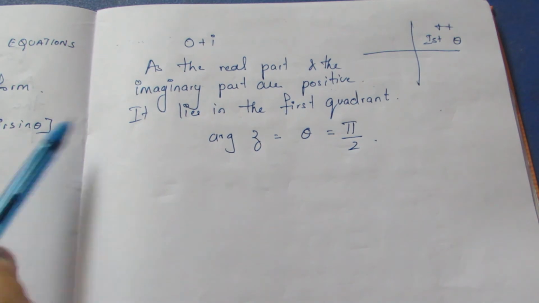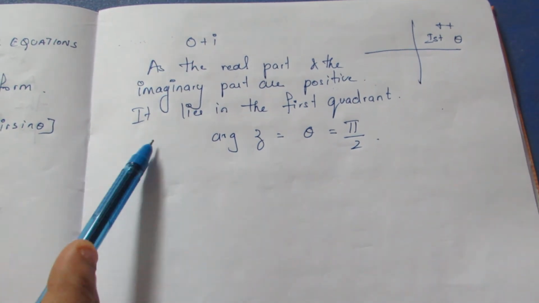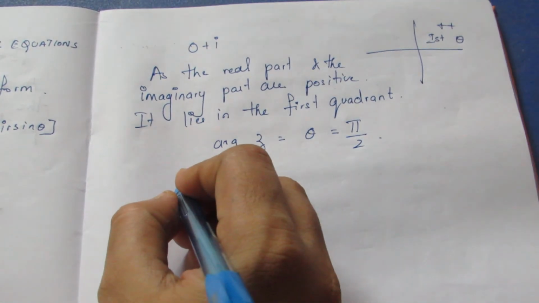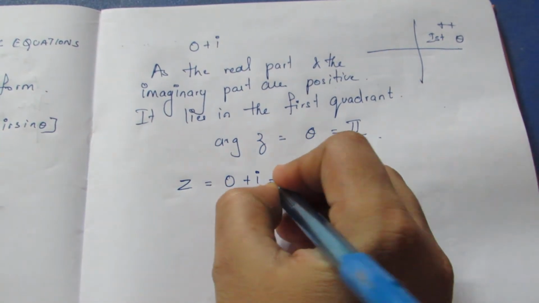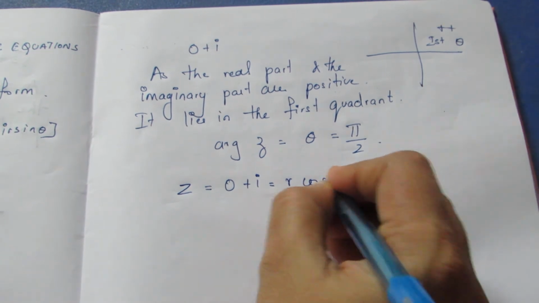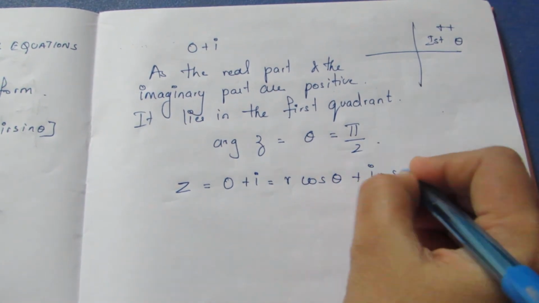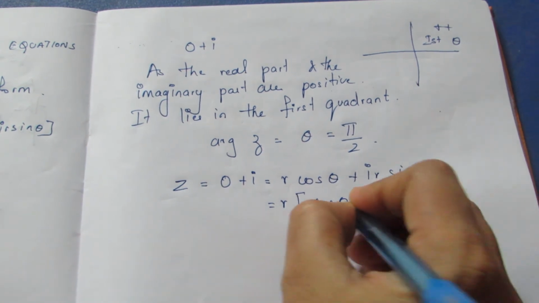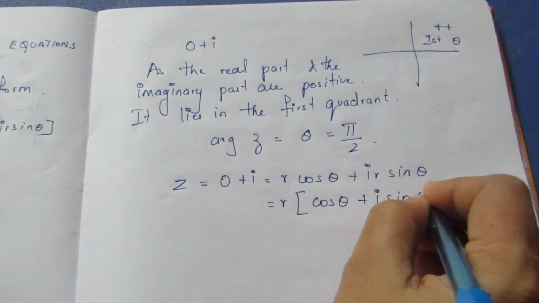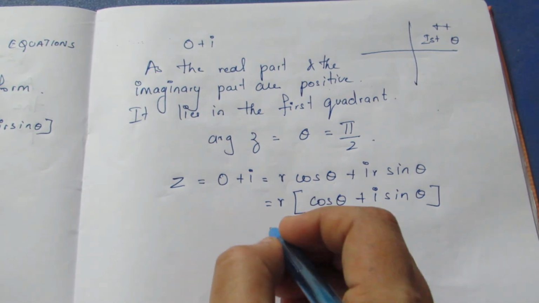Now you can substitute the theta value here in the polar form. So we know that the polar form z is equal to 0 plus i, that is nothing but r cos theta plus i r sin theta. Taking r common, we get r times cos theta plus i sin theta. Now we can substitute the value. We know that r is equal to 1.